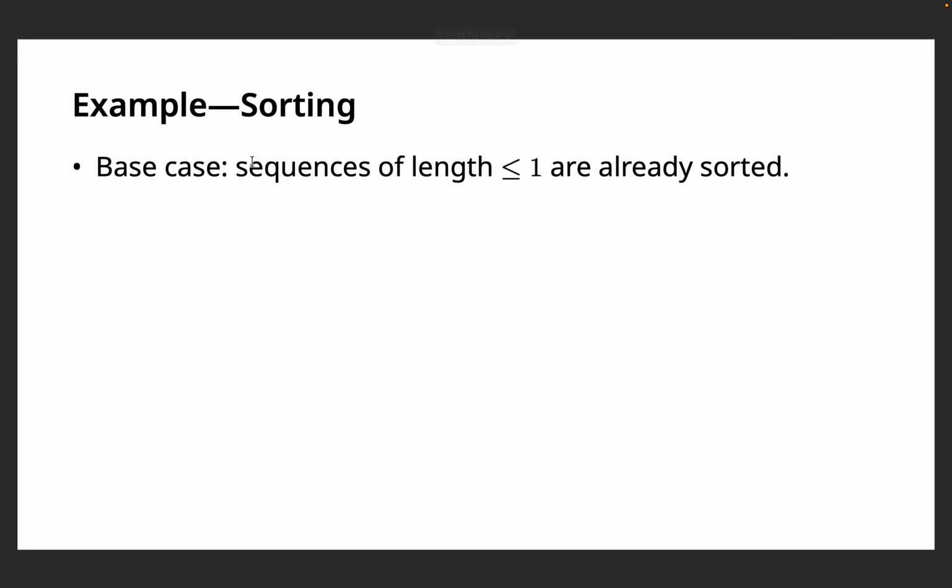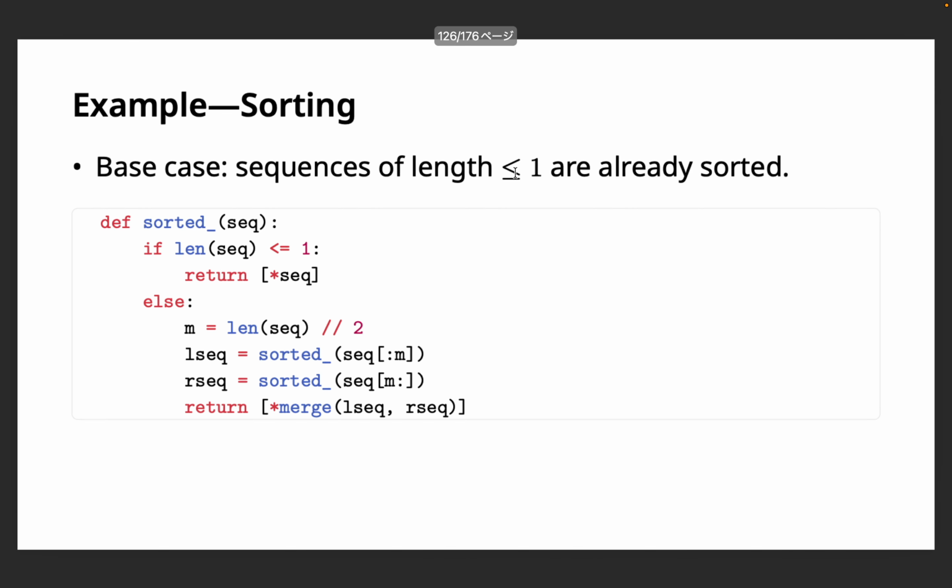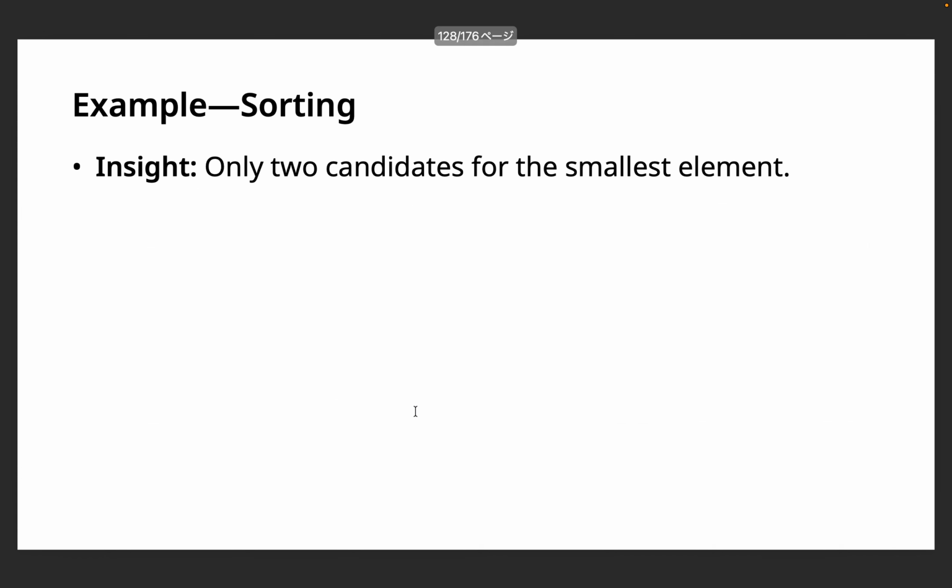The base case of that recursion is a sequence with a single element, which is, well, already sorted, of course. So if the length is at most 1, just return the sequence itself. Otherwise, you do the recursion, and you somehow have to merge the left half and the right half. So how do we implement merge?